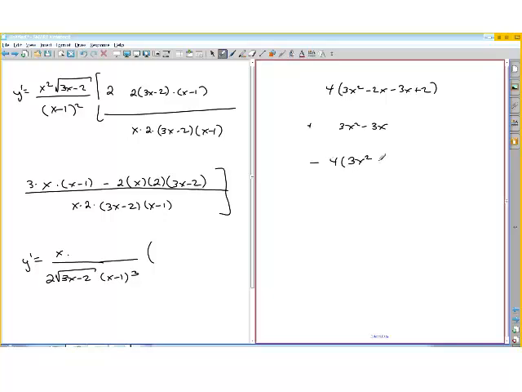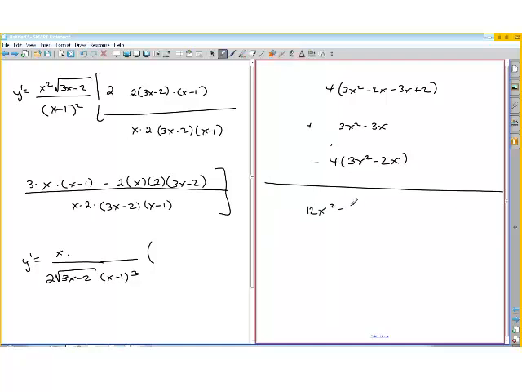And you get 3x squared minus 2x. So what we got is 3x times x, 3x squared. Negative 2 times x is negative 2x. Okay, so let's see what we got here.